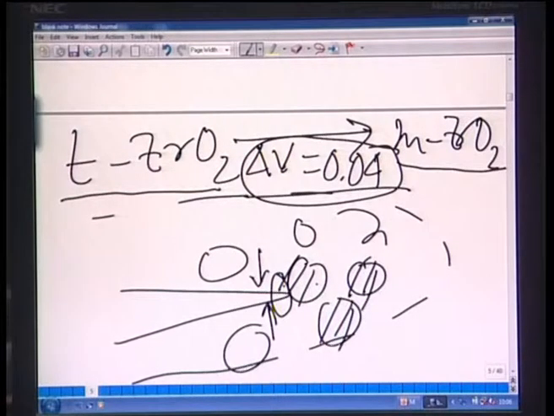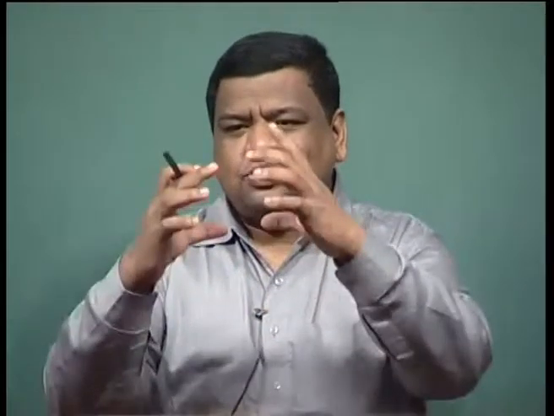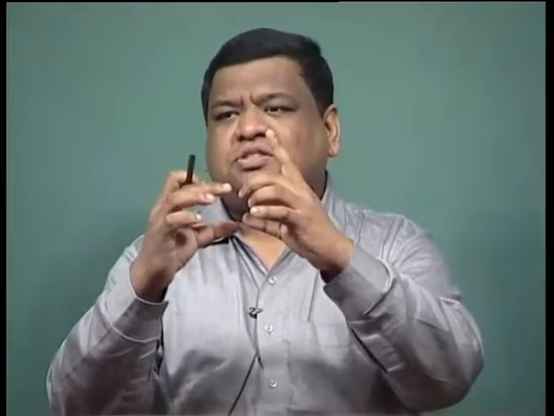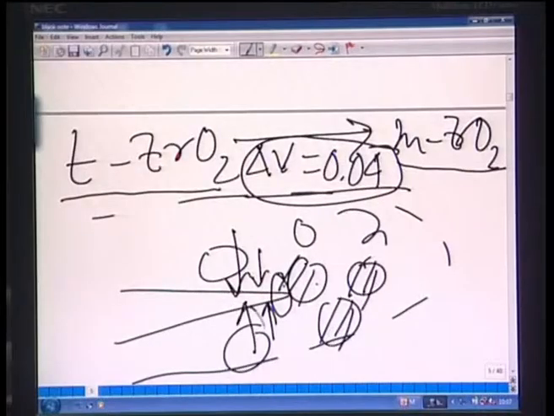Think of it physically: these hatched circles are surrounded by tetragonal zirconia, and they have a larger volume, so they will try to expand. The neighboring particles will not like that, and will try to squeeze them. That squeezing action leads to a compressive stress on the crack tip, and this compressive stress acting on the crack tip leads to the closure of the crack tip.